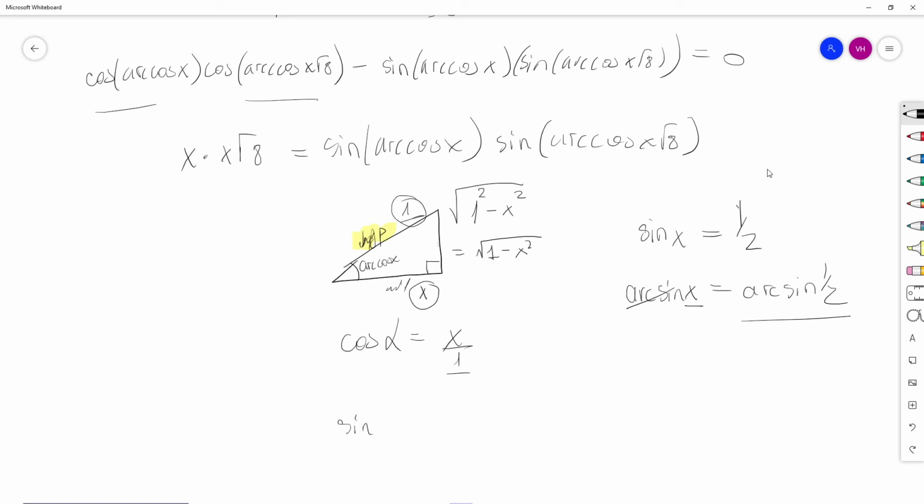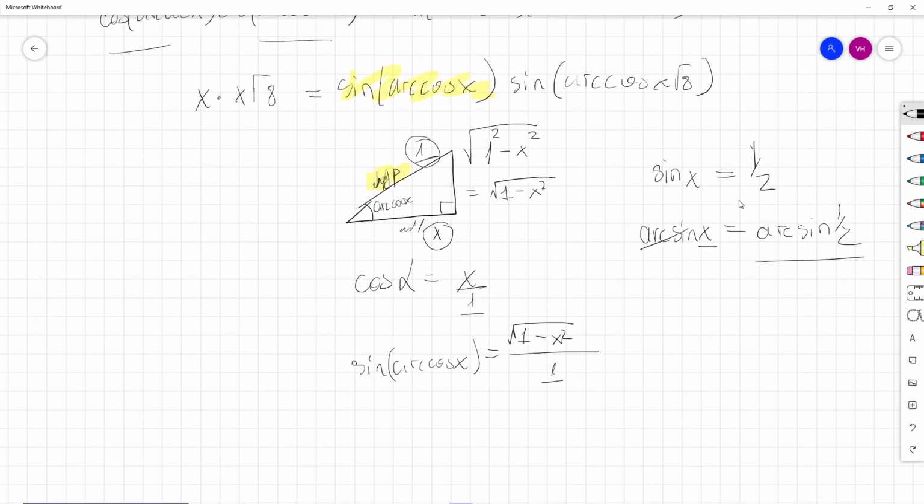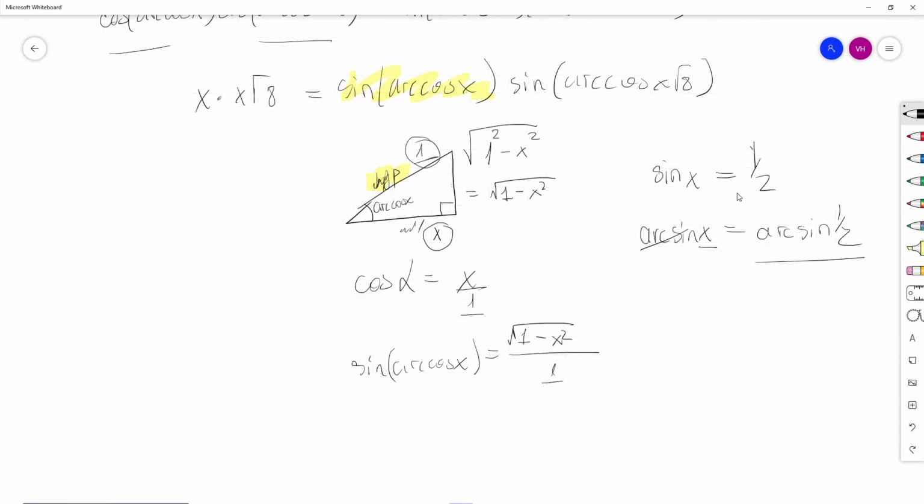So the sine of arc cos of x would mean to have root 1 minus x squared over 1. And so this whole thing, which looked quite ugly, immediately just turns into root of 1 minus x squared. Let's rewrite that from the beginning. Let's put x squared over 8.